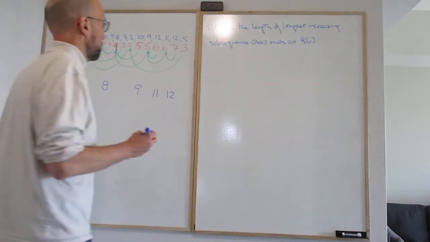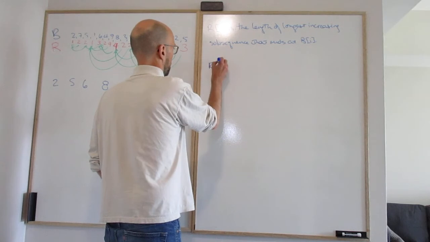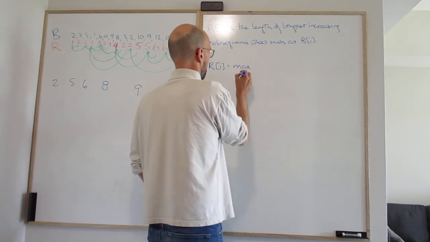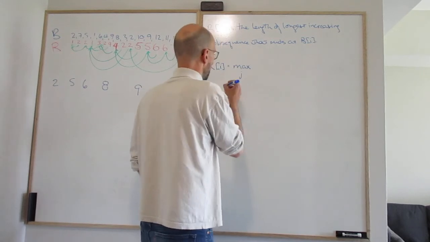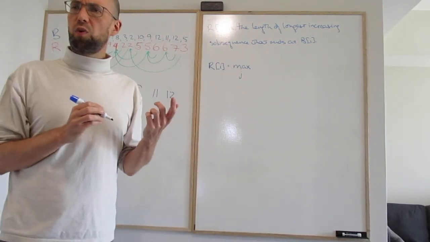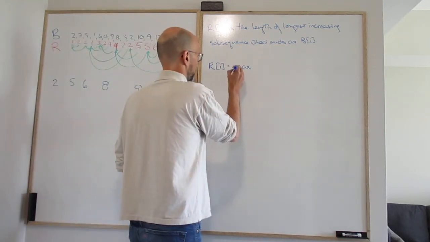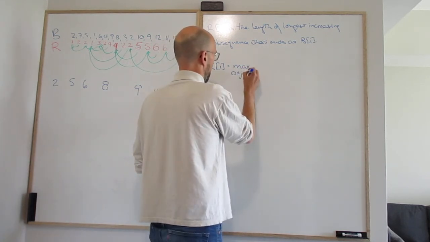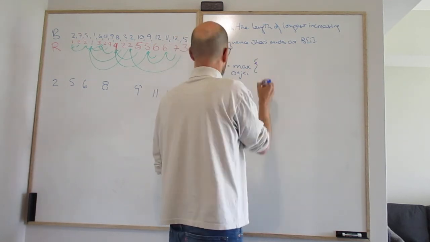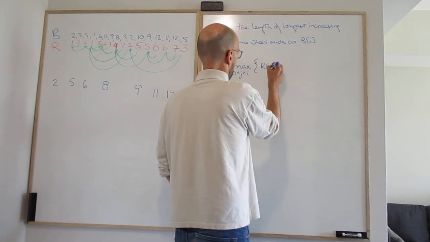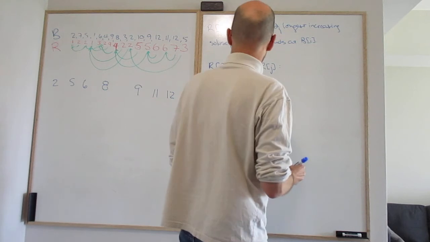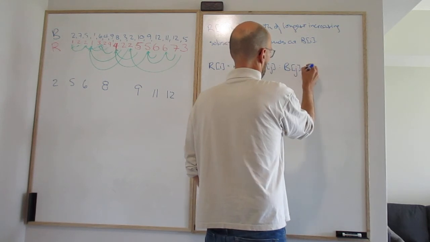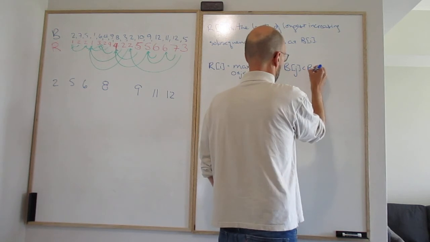So, how are we going to do that? Well, we said that Ri is max over j, where j is greater than or equal to 0 and less than i, of Rj, such that Bj is less than Bi.